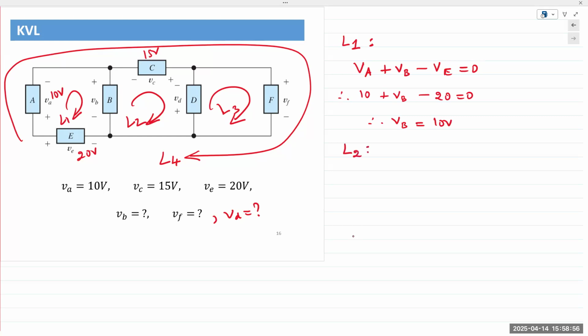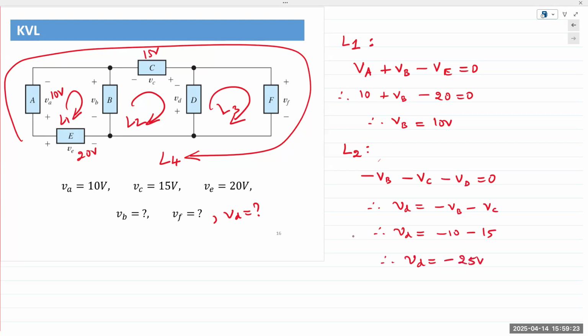For loop 2, I can write minus VB minus VC minus VD is equal to 0. Therefore, VD is equal to minus VB minus VC. Therefore, VD is equal to minus 10 minus VC, which is 15. So VD is equal to minus 25 volts.